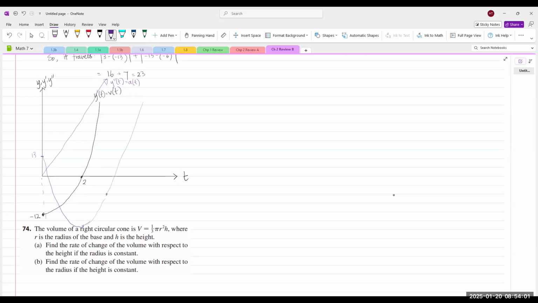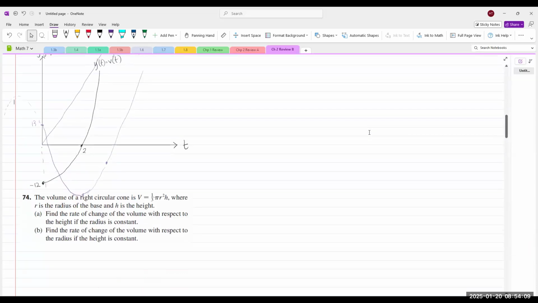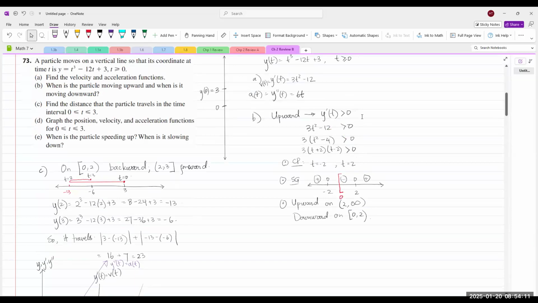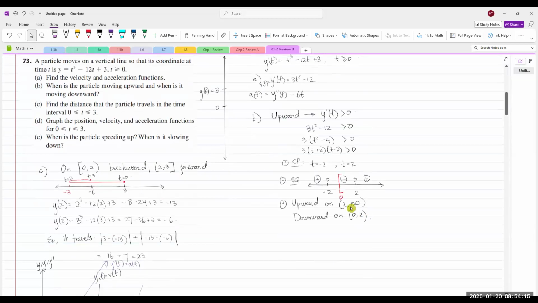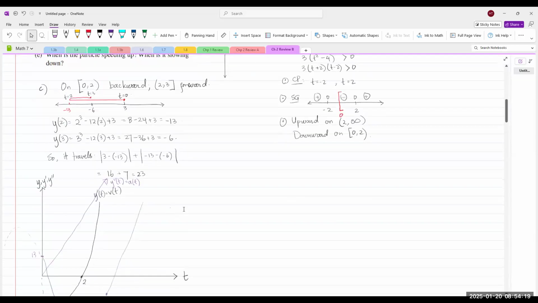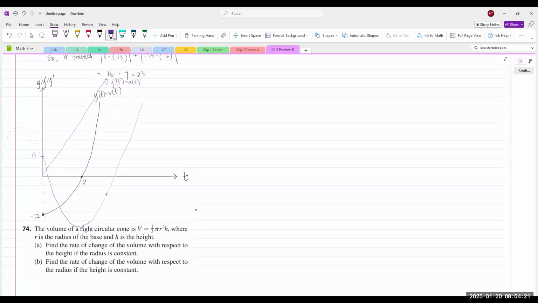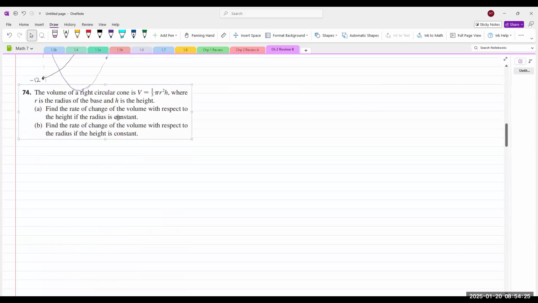Yeah, it maybe looks like this. According to what we have from here, it has a horizontal tangent line at negative 2 and at 2.